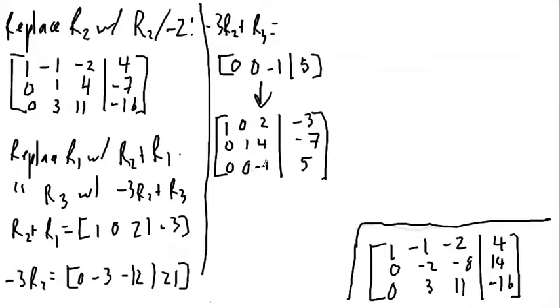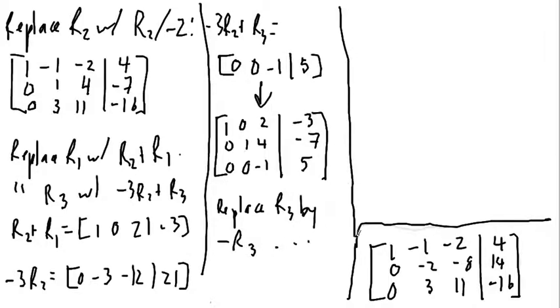Okay, again, to get this into reduced form, I've got a leading 1 here, a leading 1 here. This row, the first non-zero term, is negative 1. I need it to be a 1, so in order to change negative 1 into 1, I'll multiply by negative 1. So we're going to replace the third row by the negative of the third row. And what does this give us?